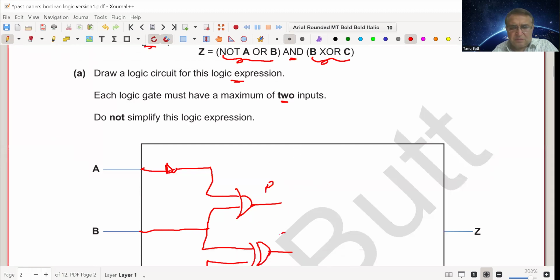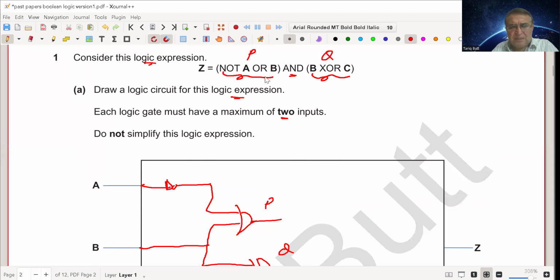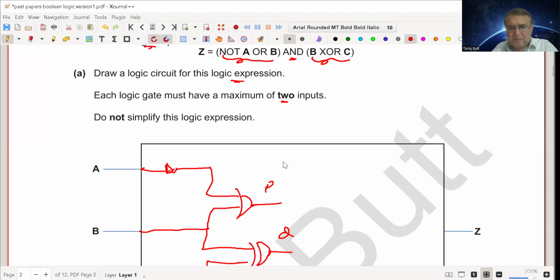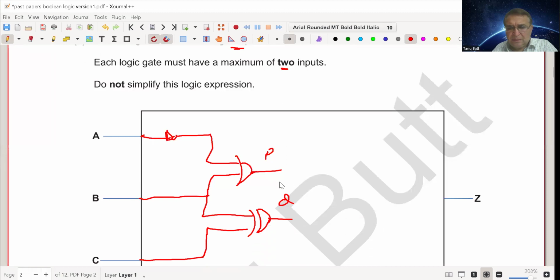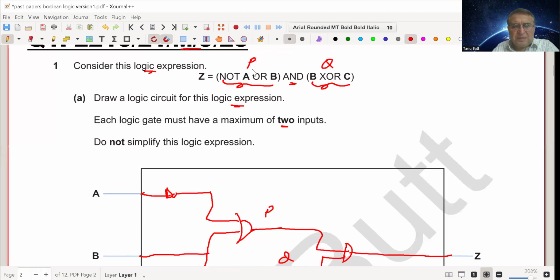And then P, this sub-expression, and Q, AND them, and this is Z. That's it.